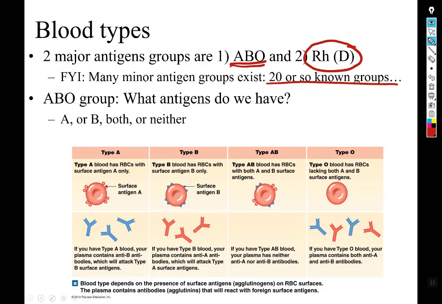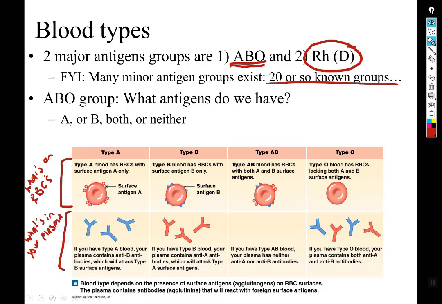So what antigens do we have? Well, A, B, both or neither, as I said. And this chart really nicely summarizes. This row is what's on red blood cells. This row is what's in your plasma.